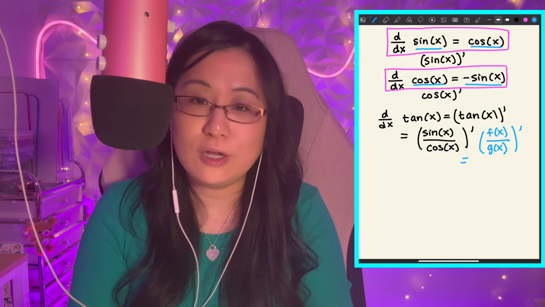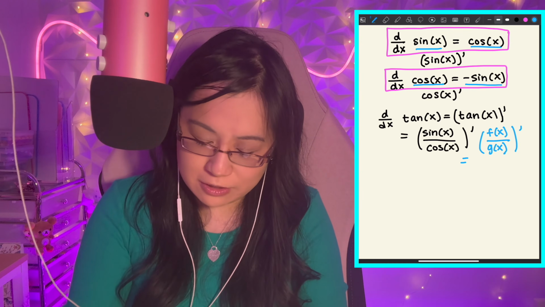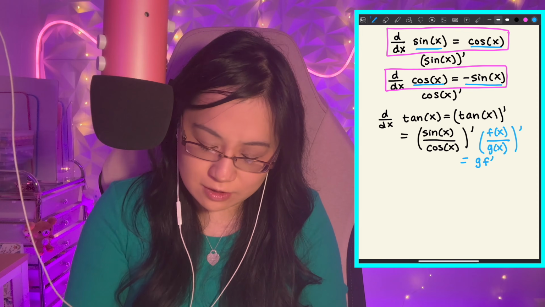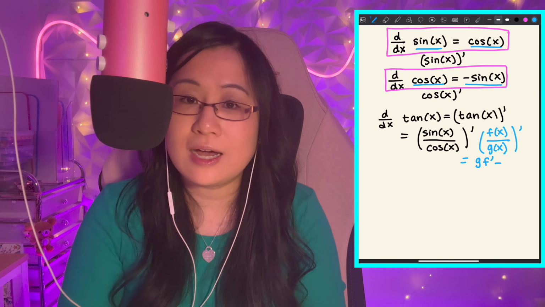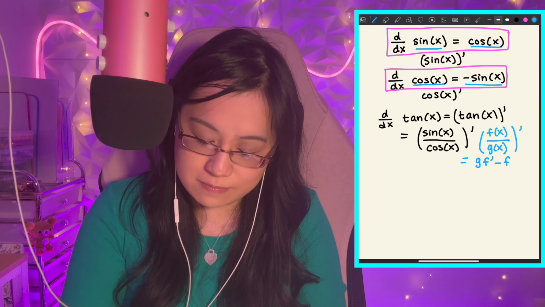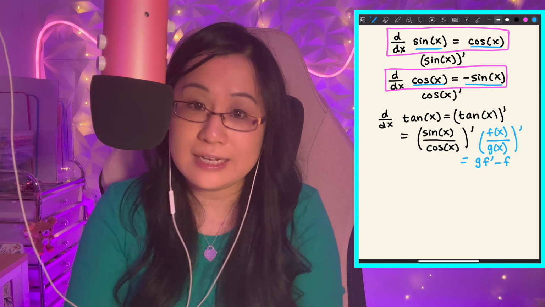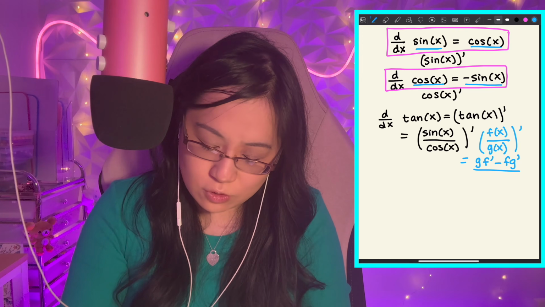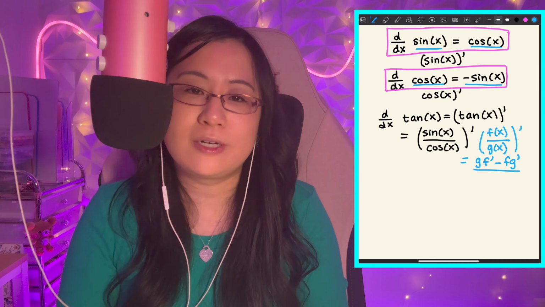So low d high means I'm going to take the bottom function g, d high means f prime, the derivative of the top part, minus high d low. So I'm taking the top function, which is high, d low means the derivative of the bottom, over low low, and that sounds better than low squared.